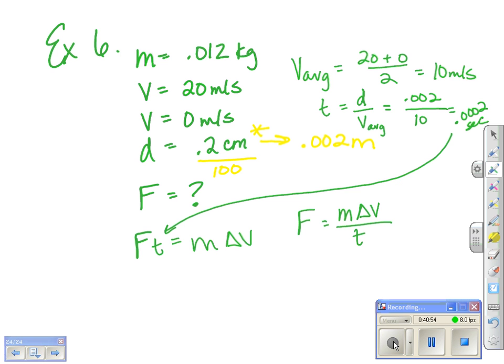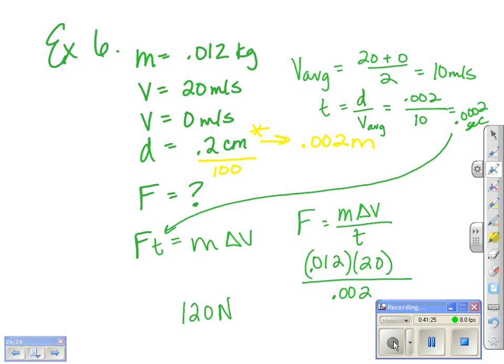So we're going to say our 0.012 times our change in velocity, which is 20, and then we use our time, which is 0.002. When we type this in our calculator, 0.012 times 20 divided by 0.002, we should get an answer of 120 newtons.